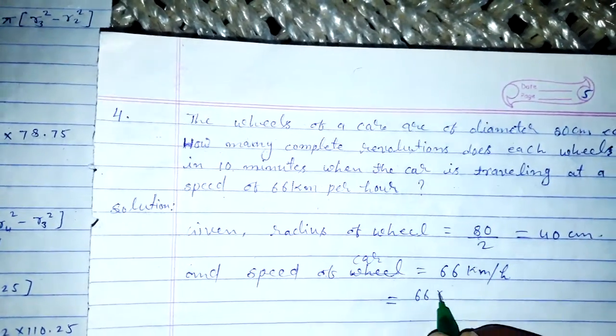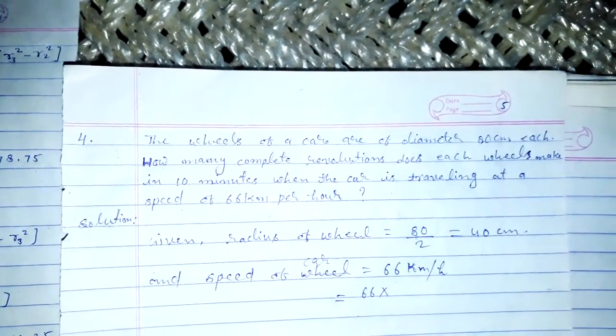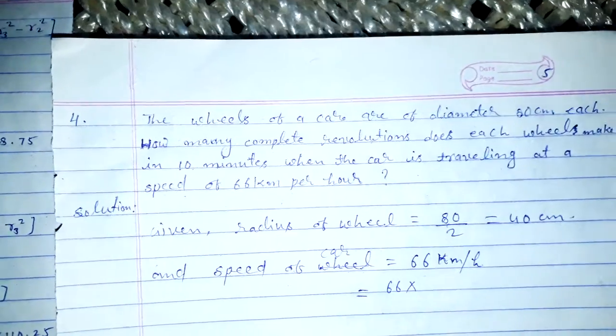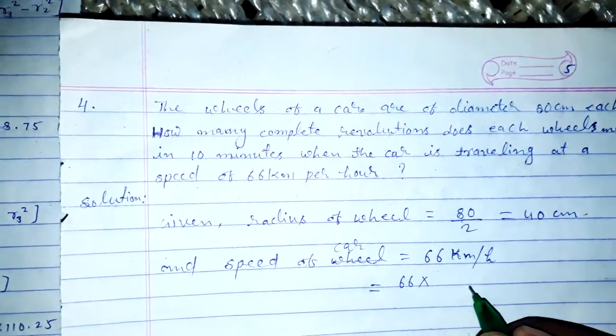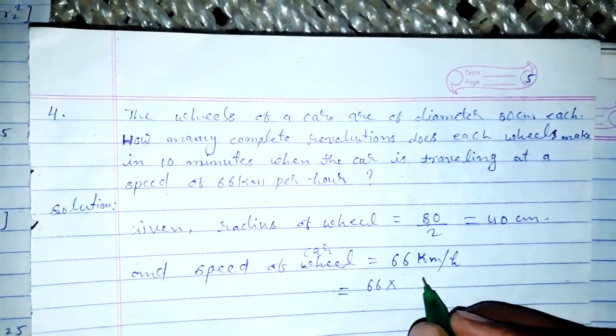So 66 into, we also know that 1 kilometer is equal to 1000 meters, and 1 meter is equal to 100 centimeters.